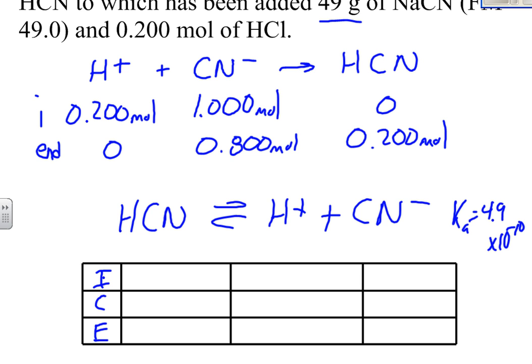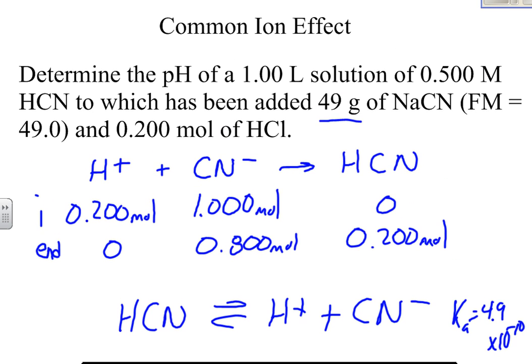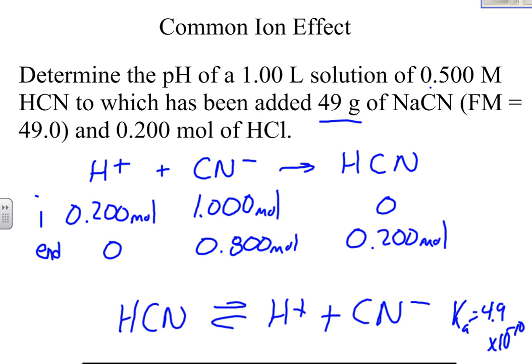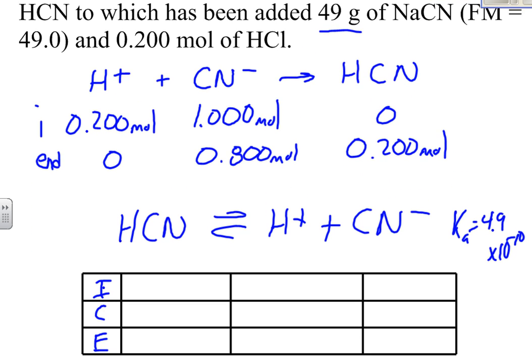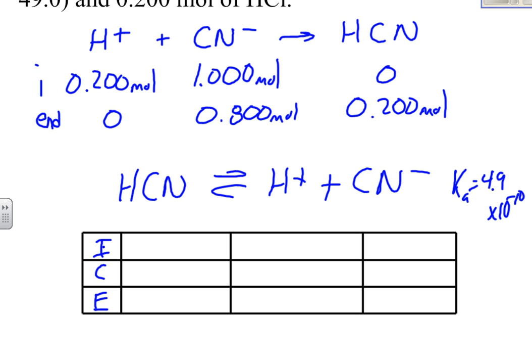So remember before, if we look back up at the beginning, we had 1 liter of a 0.5 molar solution of the HCN. So that means that we had 0.5 moles of the HCN. We've increased that by 0.2.